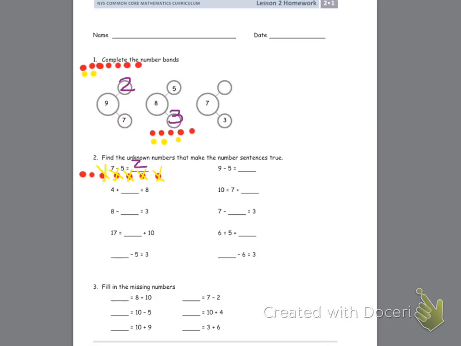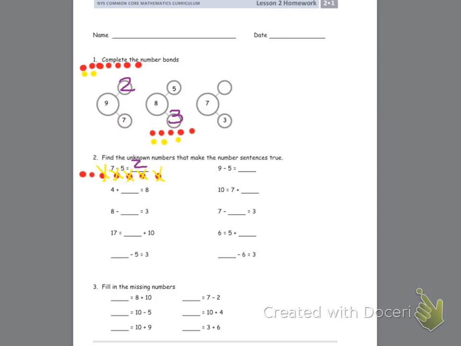The same technique can be used on 9 minus 5 if necessary. It is important for the students to be able to begin to know their number bonds through 10 without having to draw the circles. So encouraging your students to become fluent with their number bonds is important.